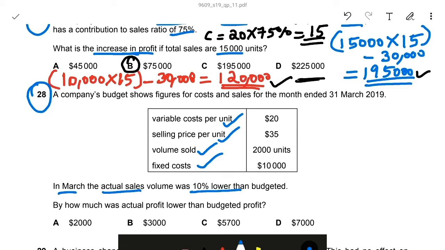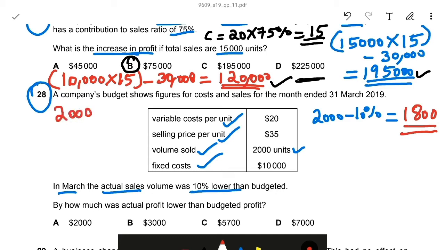The budgeted unit was 2000. But the actual was 10% lower. 10% lower means the actual will be 2000 minus 10 percentage. It will be 1800 is the actual unit. But the budgeted unit is 2000.